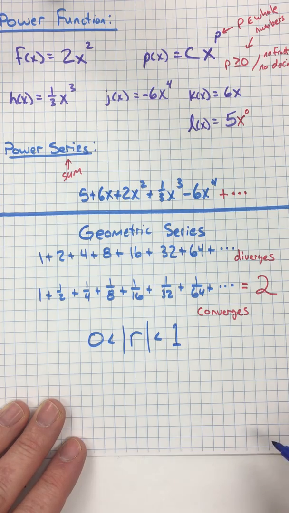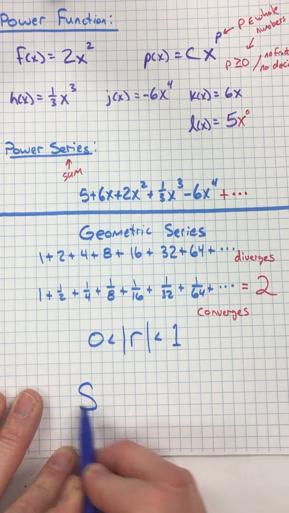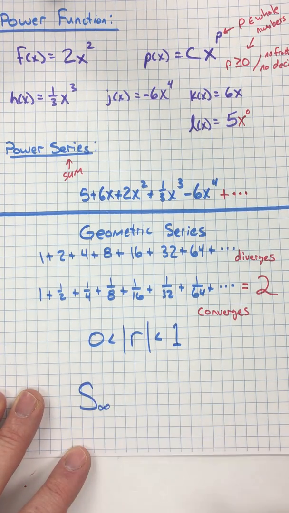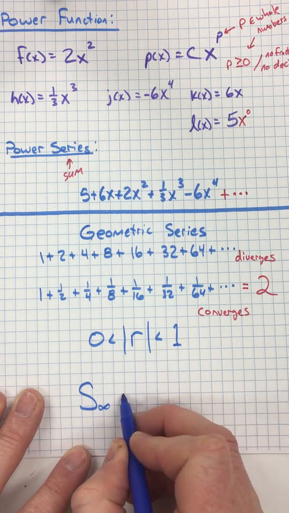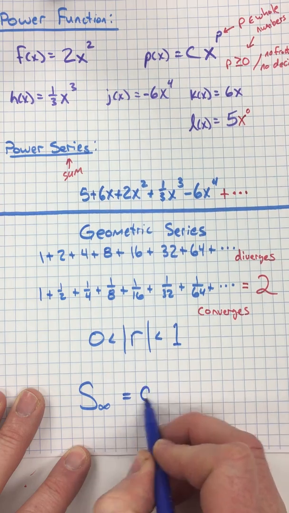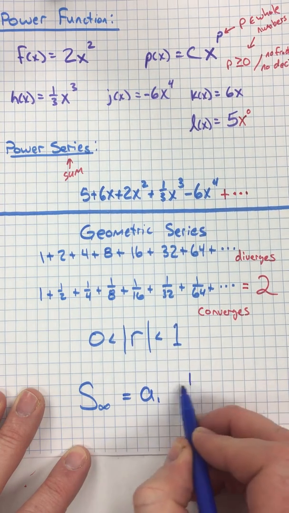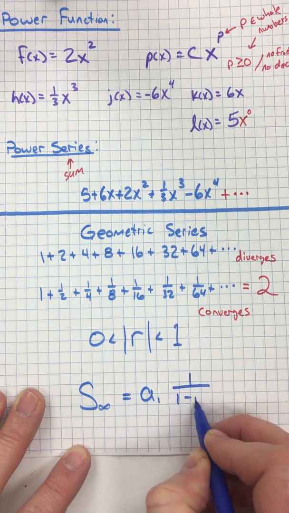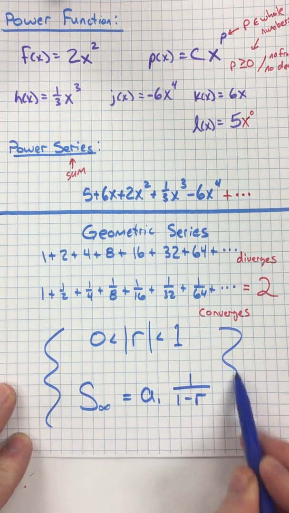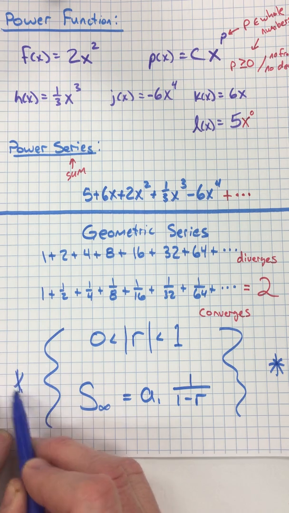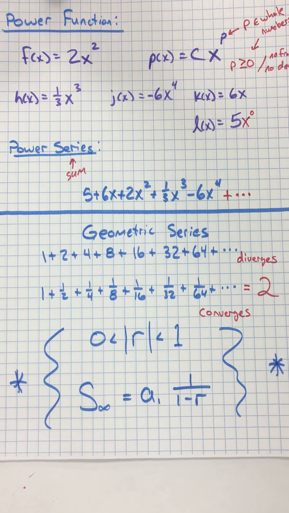Additionally, we could predict what it would converge to because we had a formula that said that the infinite sum, assuming that it converges, would be equal to the first term times the reciprocal of 1 minus the common ratio. And so these two facts right here are going to lay the foundation for our notes today as we begin to discuss a power series.